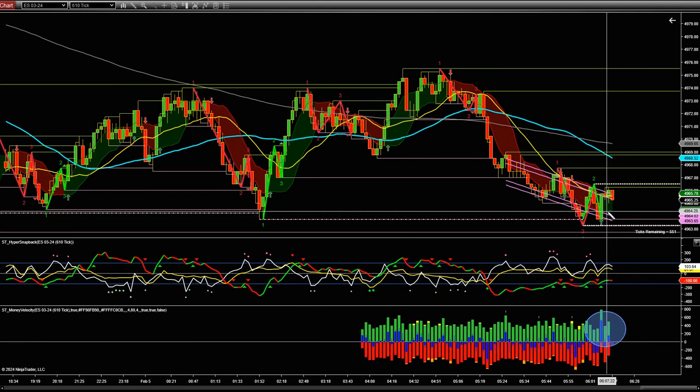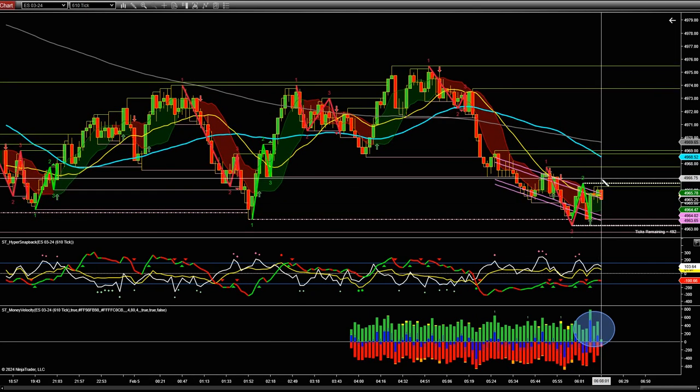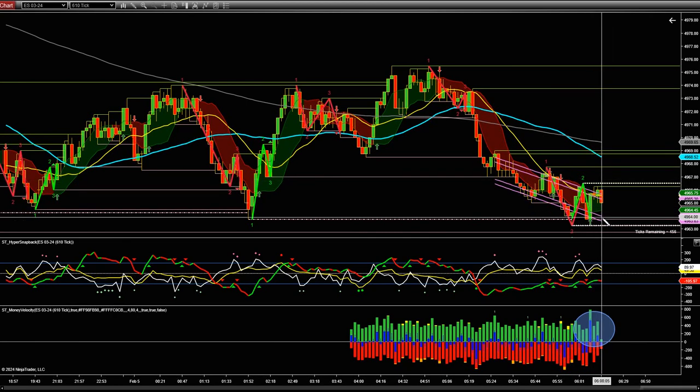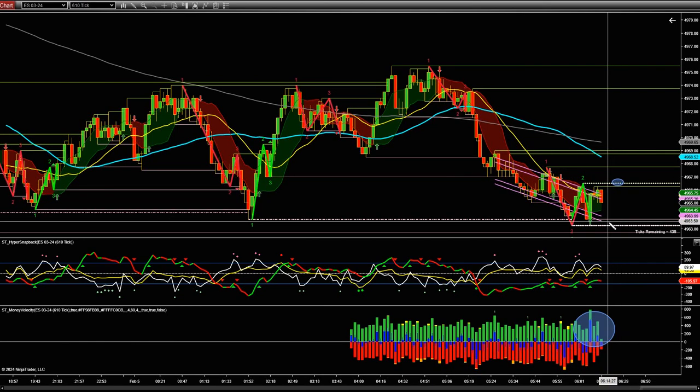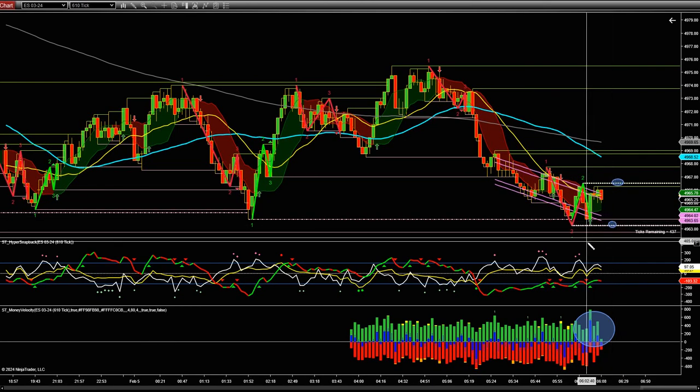Now let's look really quick at our new study, which is the wave counter, and this looks at the market in real time. It's real artificial intelligence in real time. What it actually has done here is it's created a chop box or a sideways market. That's the white dotted lines, which are drawn in real time.